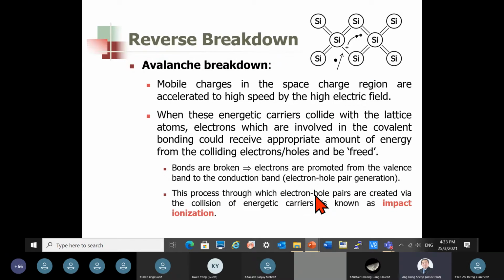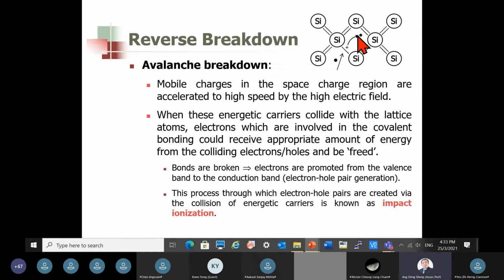Okay, so what happens after impact ionization? As you know, impact ionization creates additional electrons and holes. Remember when the bond here is broken and one of the electrons gets liberated, we create a hole at the same time, right? Electron-hole pair creation.